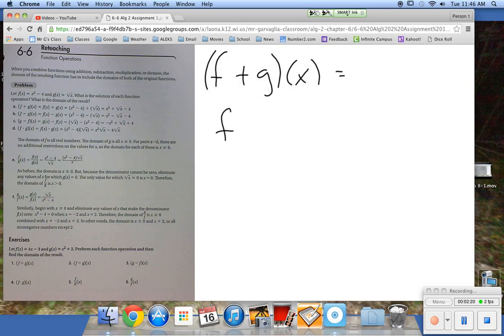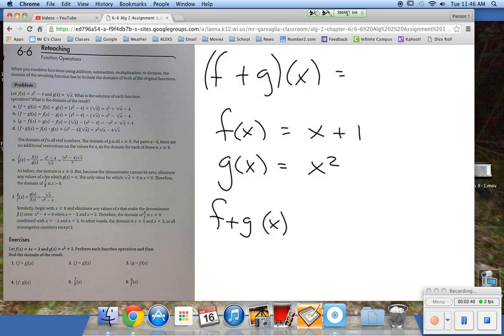So if I said my f of x is equal to x plus 1, and g of x is equal to, let's say, x squared, and if I did f plus g of x, I would just be adding them. I'd be adding my x plus 1 plus x squared, right? Or if I rewrote this so that my exponents are high down, it would just be x squared plus x plus 1. I'm adding them together.